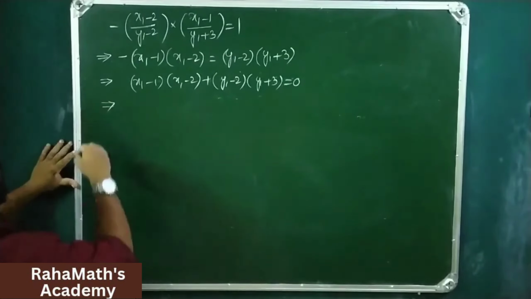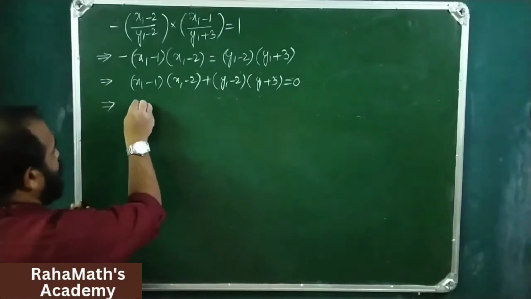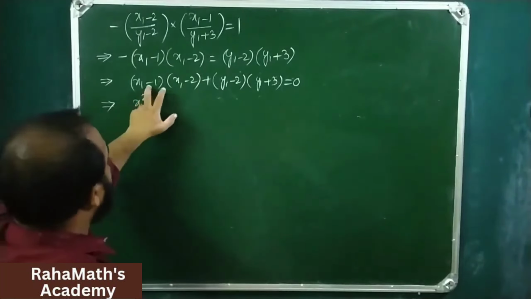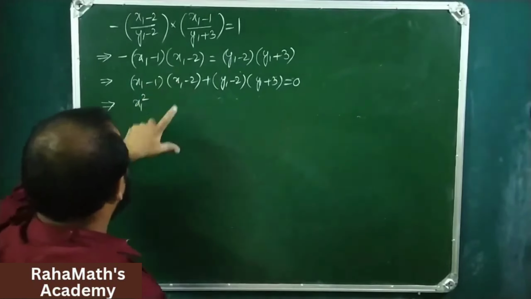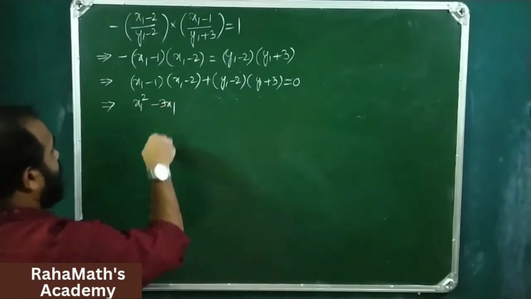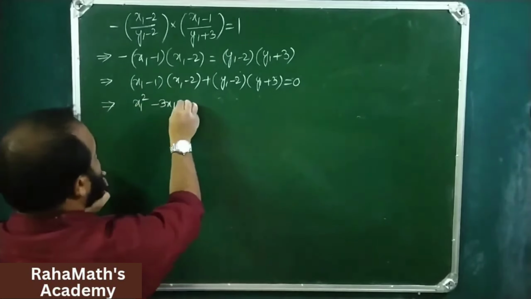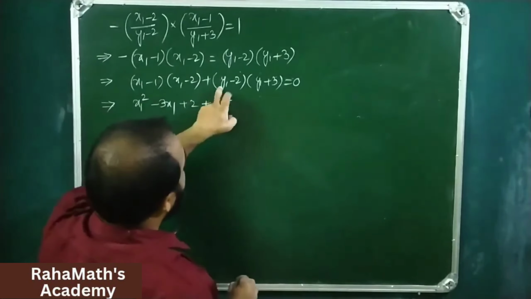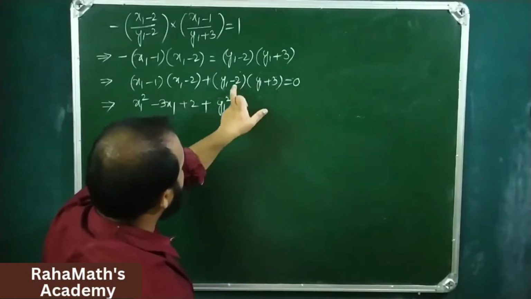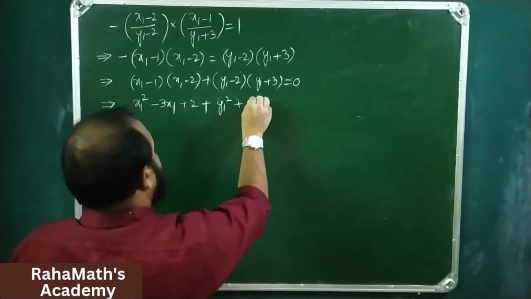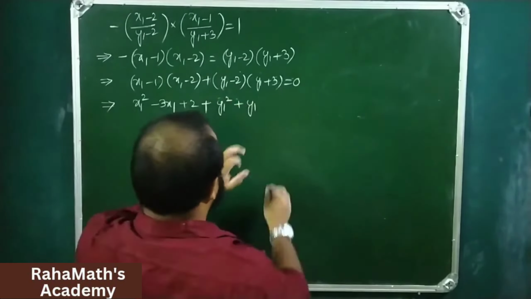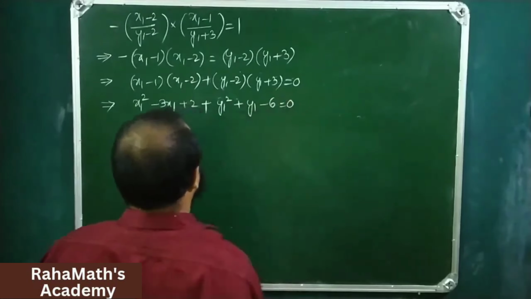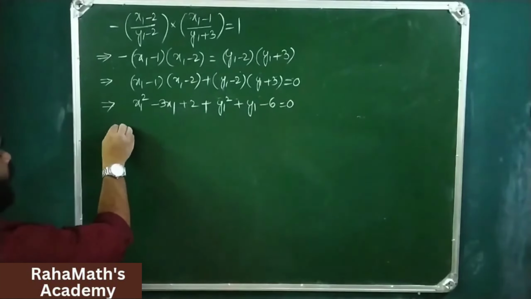This implies x1 square minus 3x1 plus 2 plus y1 square plus y1 minus 6 equals 0. So therefore the locus.